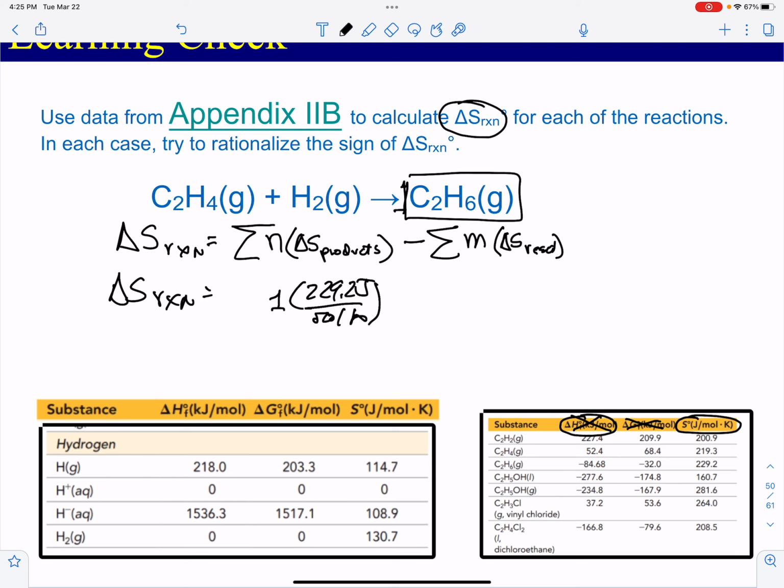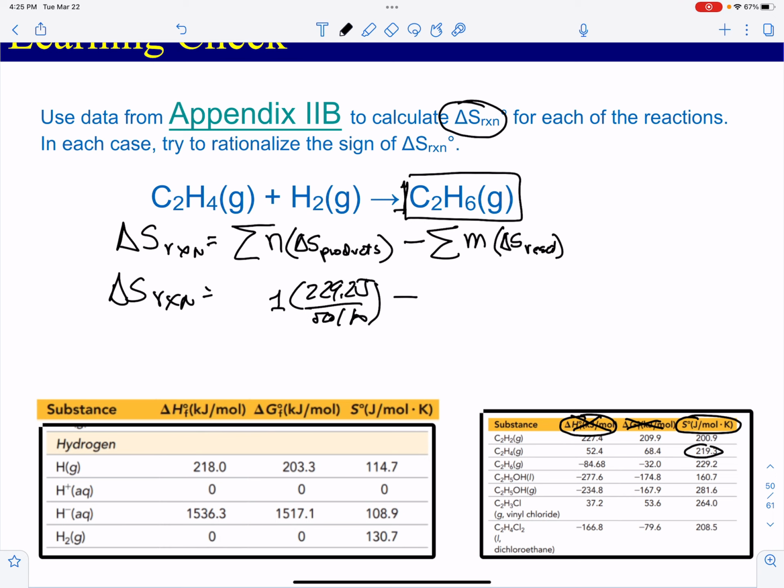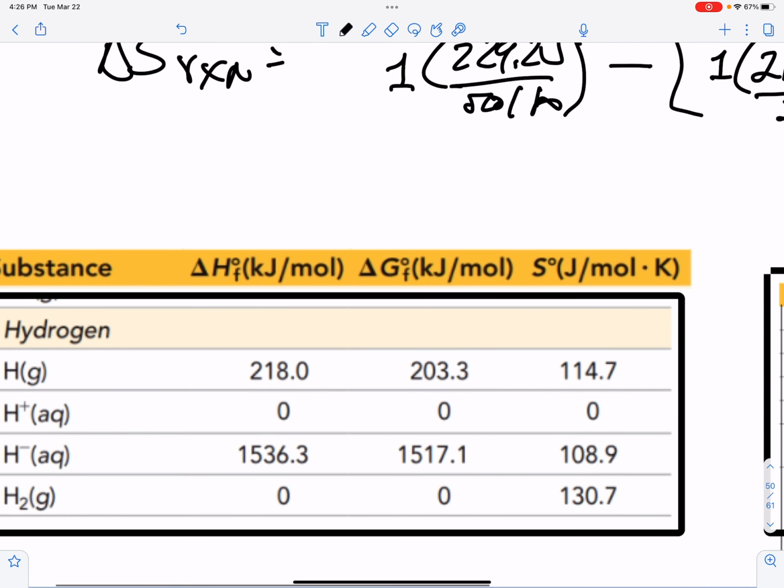It's the only product, minus C2H4, ethene, gas, which is 219.3 joules per mole Kelvin, and it's only one of them, plus, that's what this means, plus hydrogen gas.